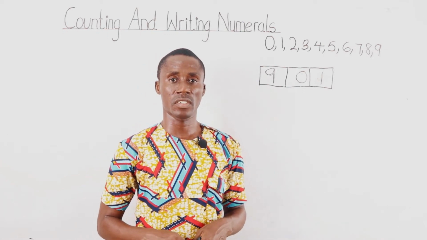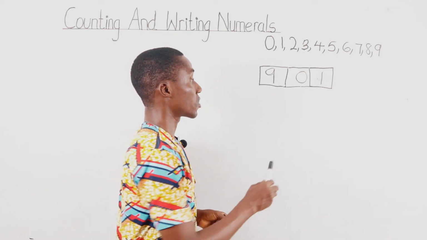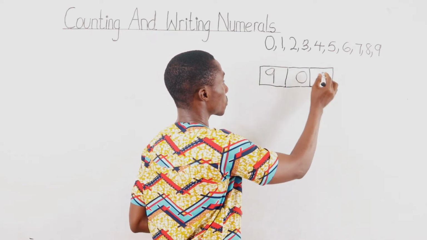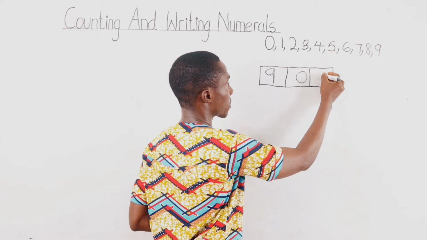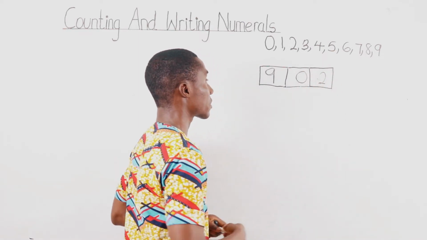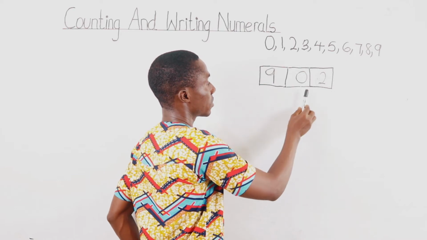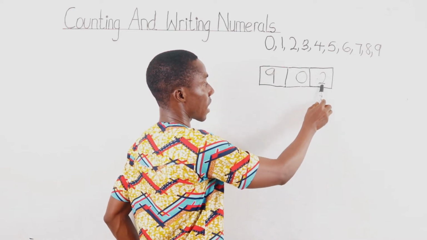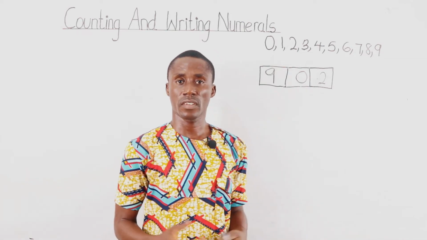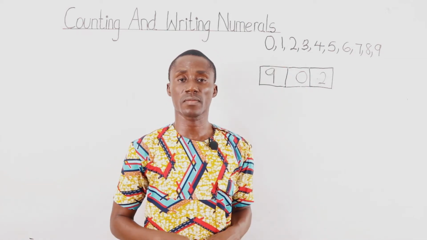If we add 1 more orange to the 901 oranges, that is going to increase the value here, and we are going to put the digit 2 into the first number place, and that will give us 9 hundreds, 0 tens, and 2 ones, and that is the number 902.